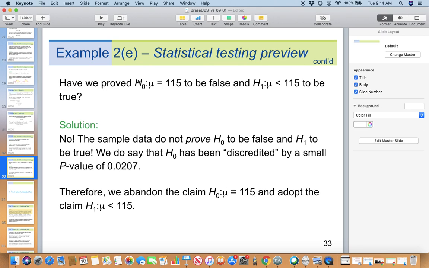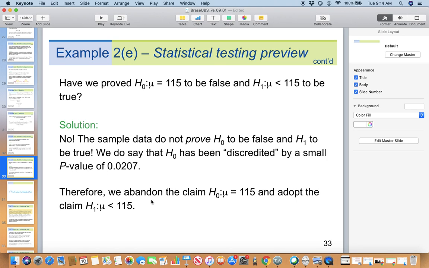Have we proved H naught mu equals 115 to be false and H1 mu less than 115 to be true? No, the sample data do not prove this to be false and H1 to be true. We do say that H naught has been discredited by a small p-value.